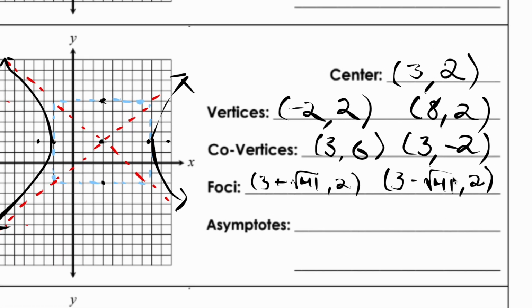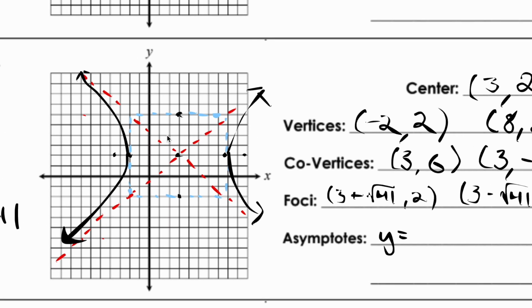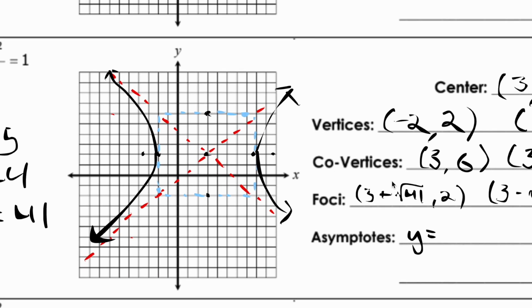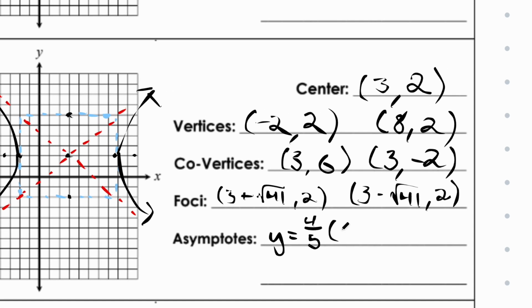And our asymptotes. Before, this is a horizontal hyperbola, so we have b over a. And that means we do y equals, b is equal to 4 and a is equal to 5. So we're going to have 4/5 times x minus h, which is 3.